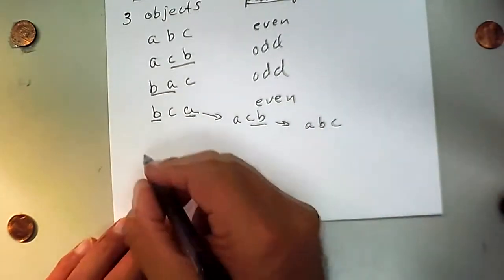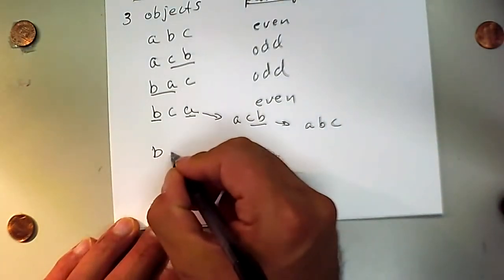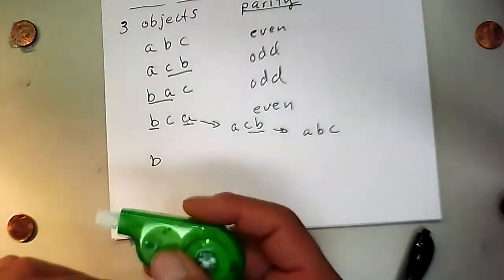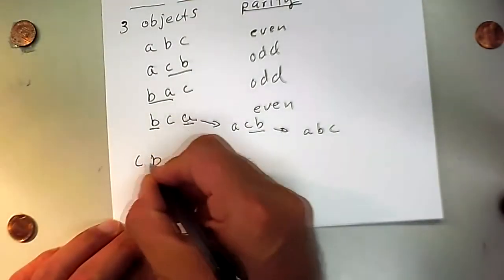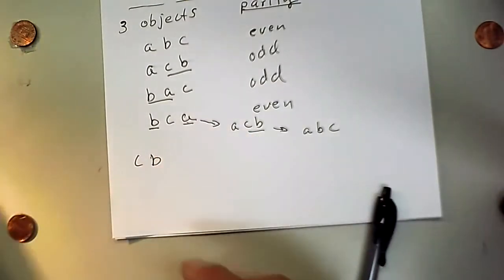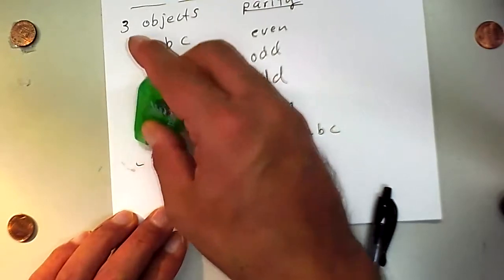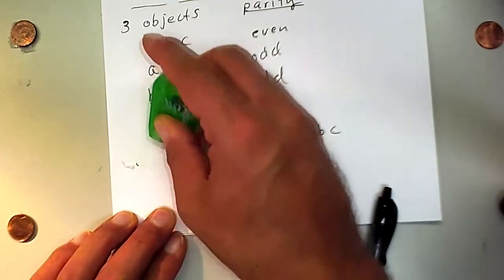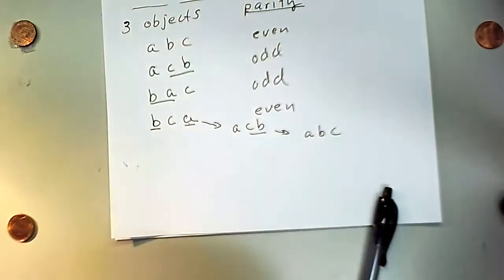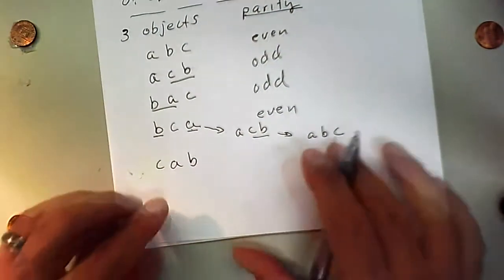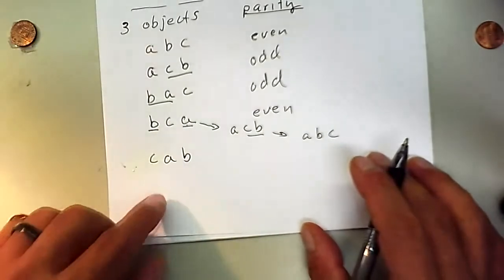How about B? No, we finished the B's. So now we're going to do C. I don't want to erase, so I'm going to put C. Let's erase, because otherwise we're going to get out of alignment here. Okay, so C, A, B. How many swappings do we need to get back to ABC?